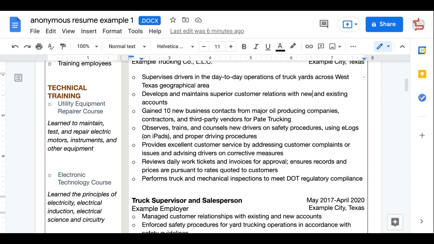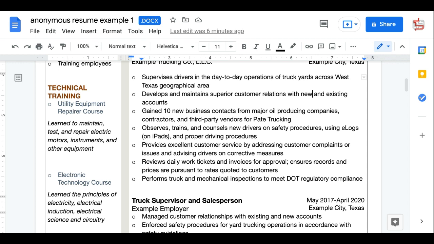And then you want to try to put as much of the keywords or phrases on the first page because unfortunately sometimes the person who is responsible for reading these resumes, they won't even read the second page. I'm sorry to tell you that, but they might not, so I'm just trying to warn you about real life here.